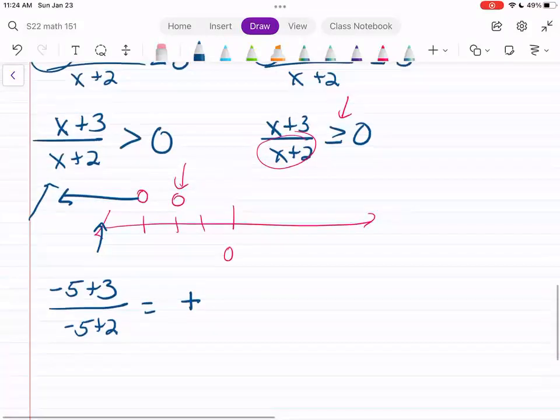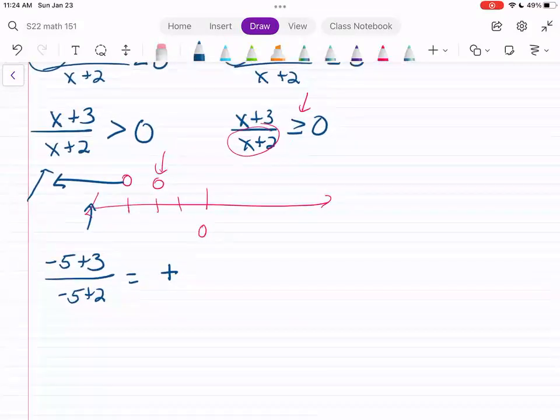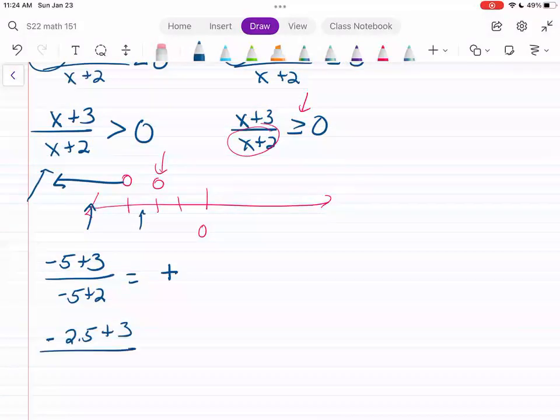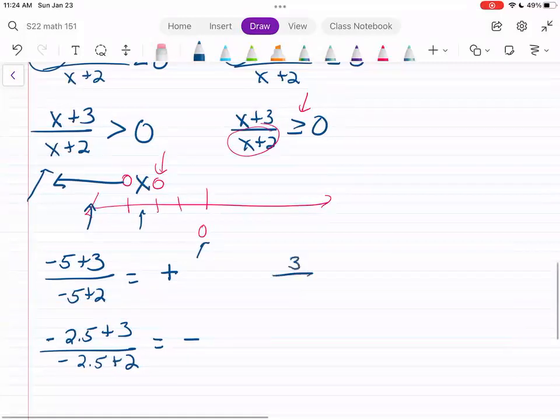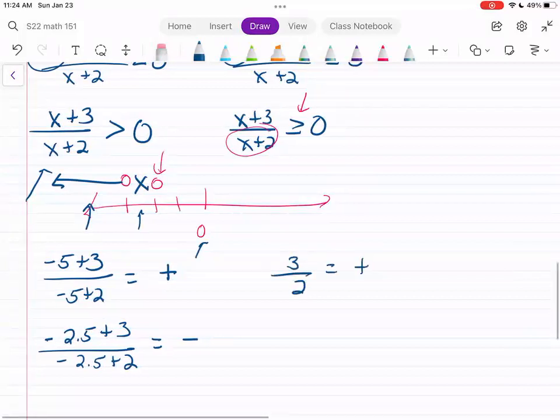When I plug in the value of, say, negative 2.5, I'm picking something in between. I have negative 2.5 plus 3 over negative 2.5 plus 2. That comes out with a positive divided by a negative, which leaves me with a negative number. These are not included in the solution. And last but not least, if I choose x is 0, I end up with 3 over 2, which is indeed positive, which makes this true.